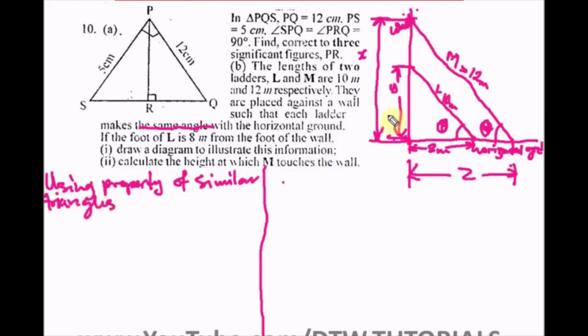Using the properties of similar triangles, y over x will be equal to 8 over z, which will be equal to this length here, L over M. I hope you remember properties of similar triangles.